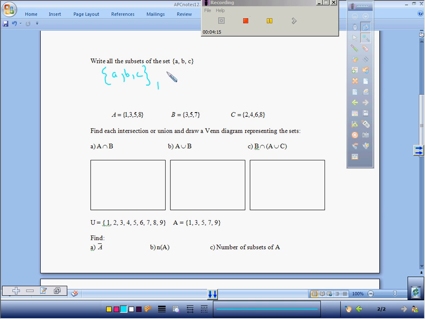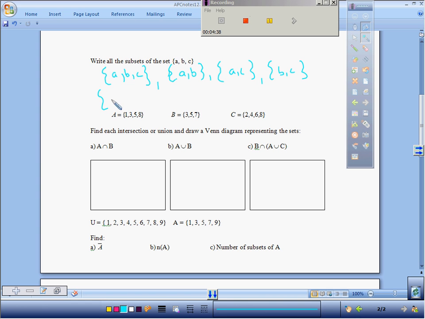Another one would be A and B. Another one would be A and C. Another one would be B and C. There's more.